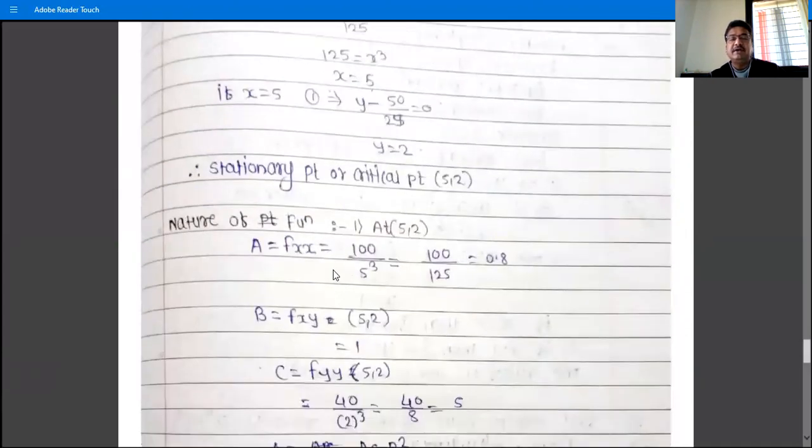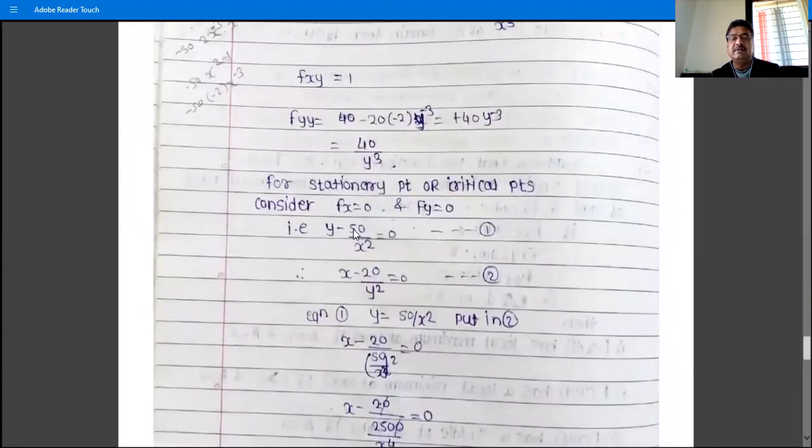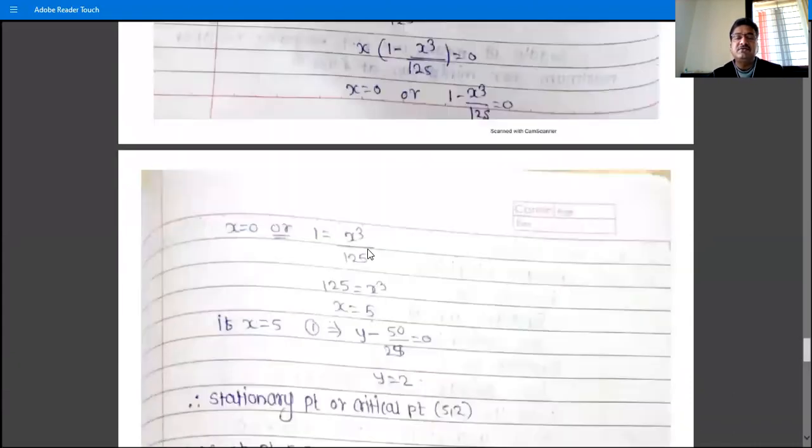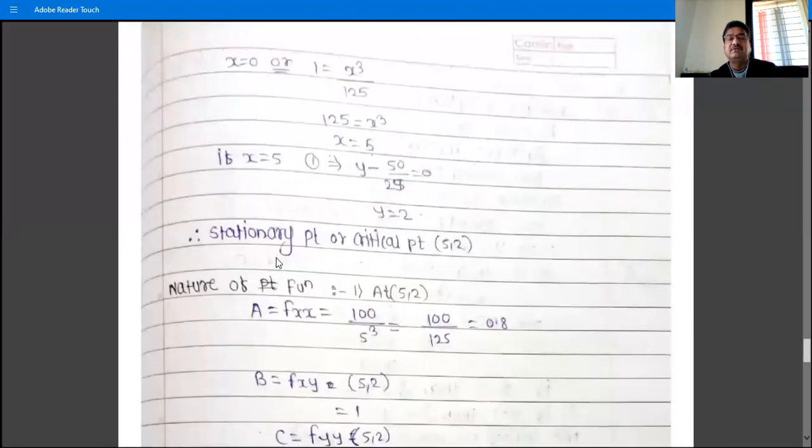But if you substitute x equal to 0 in this equation, then we have 50 by 0 square, it's infinity, which is an indeterminate form. So x equal to 0 is not a valid value. We use x equal to 5, we have y equal to 2, and therefore the stationary point is what? (5, 2). x value is 5, y is 2.